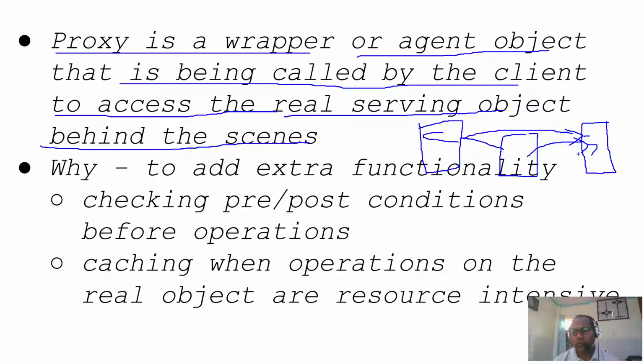So the question is, why do we need a proxy? If we have an actual object that serves our purpose, why need a proxy? The client can directly invoke this. The proxy design pattern says you need a proxy when you want to add some extra functionality.